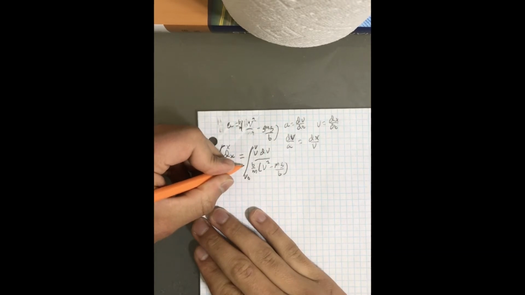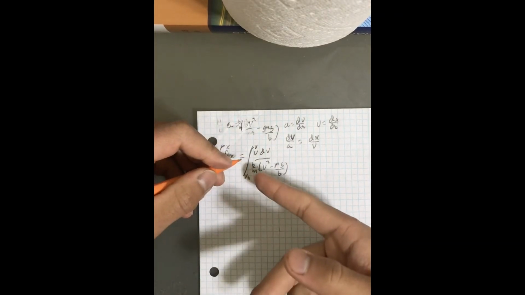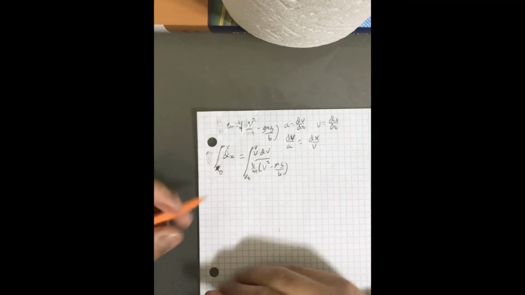When we take it out, it's just going to flip M over B, but when we take it to the other side again, it's going to be B over M again.